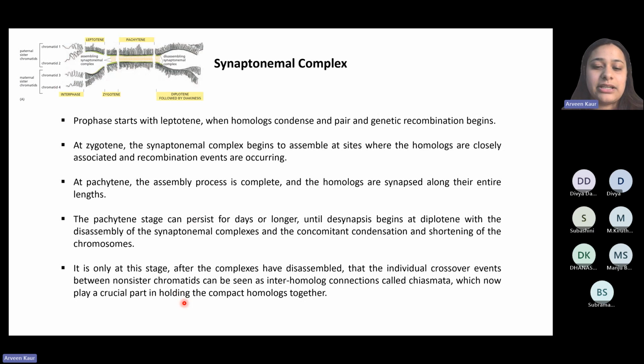So after this only it will become apparent, right? That the individual crossover events between non-sister chromatids can be seen as interhomologue connections called chiasmata, right? Chiasmata is plural for chiasma, which now play a crucial part in holding the compact homologues together.